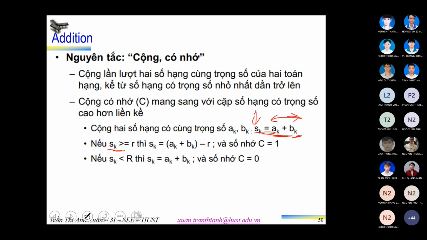If the sum is greater than or equal to the radix value, then the sum is reduced by the radix and the carry out is equal to 1. And if the sum is less than the base value, then the sum is kept, and the carry out is equal to 0.